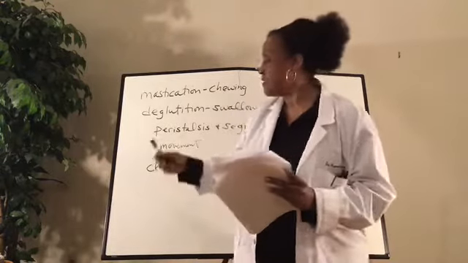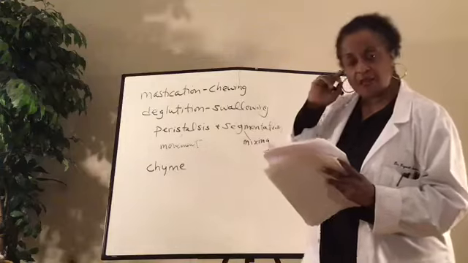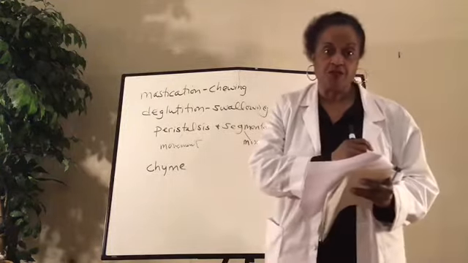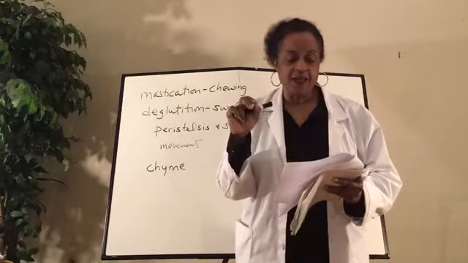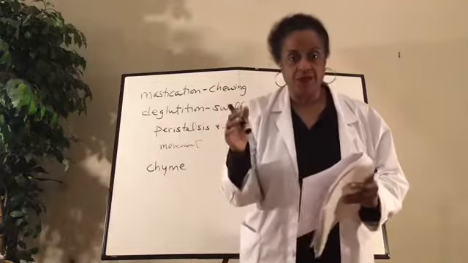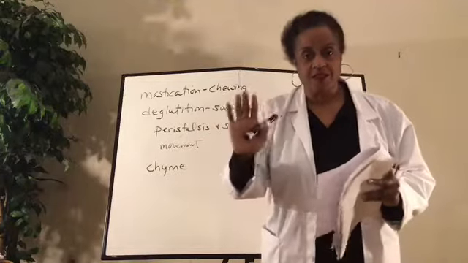It decreases peristalsis in the stomach and slows down the passage of food from the stomach into the duodenum. So gastric emptying, gastric inhibitory peptide, gastric meaning stomach, inhibitory means it's going to stop.